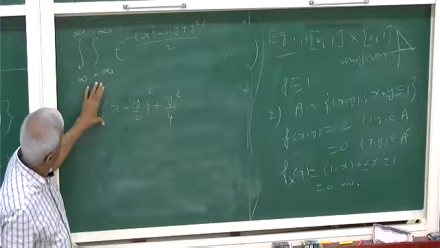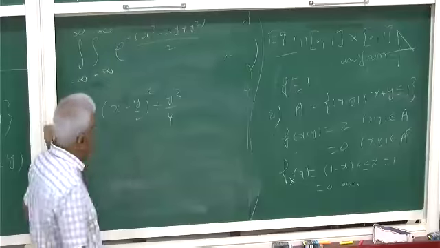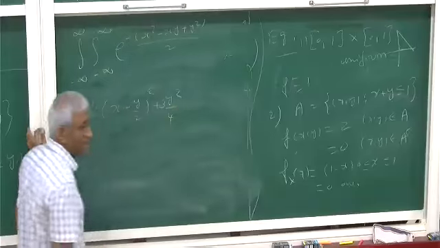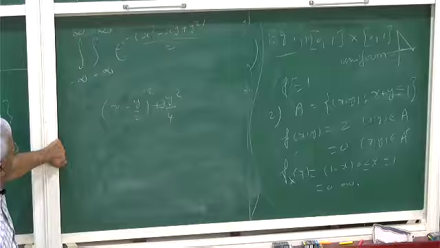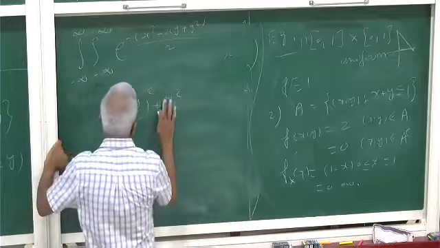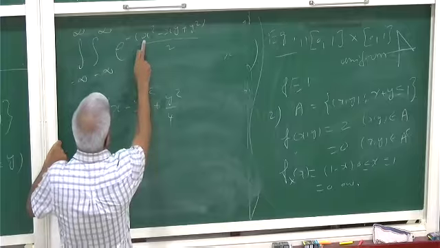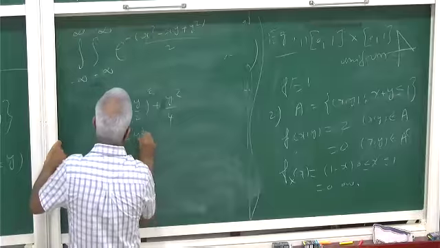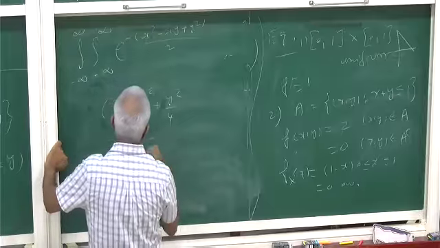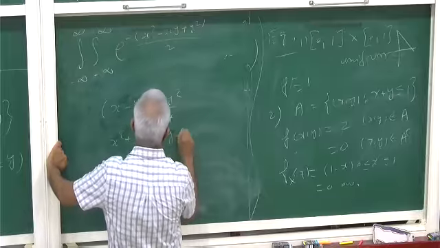Hoel Port Stone has a mistake; for some reason he has put a 3 here. Let's check: x square plus y square by 4 minus 2 into xy by 2, so this is x square minus xy plus y square by 4.